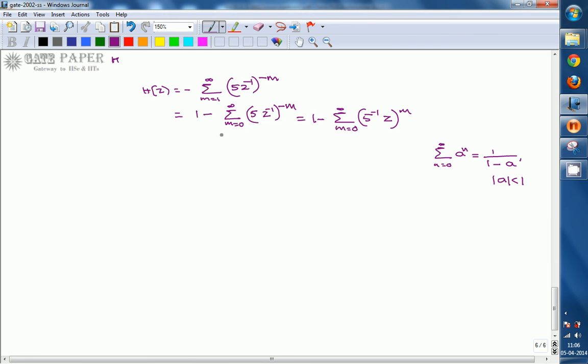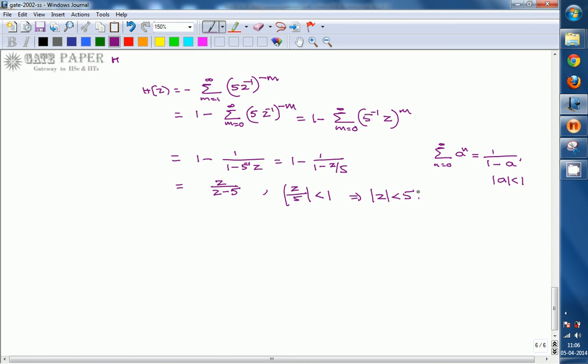Substituting, we get 1 minus 1 by 1 minus z by 5, which equals z by z minus 5. The condition is mod z by 5 must be less than 1, that is mod z less than 5.